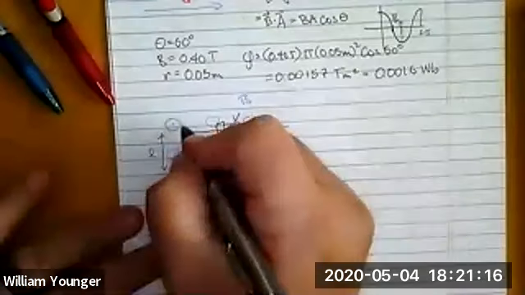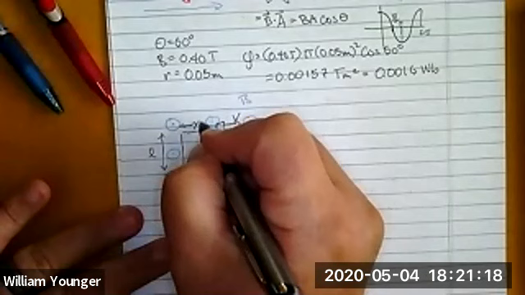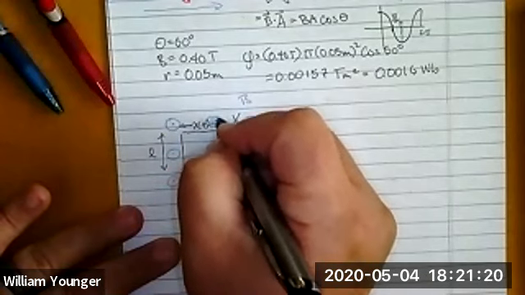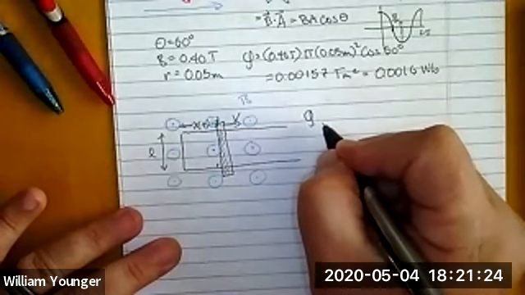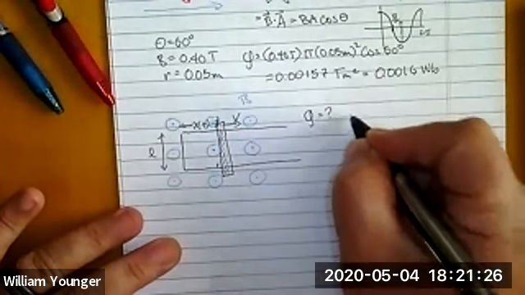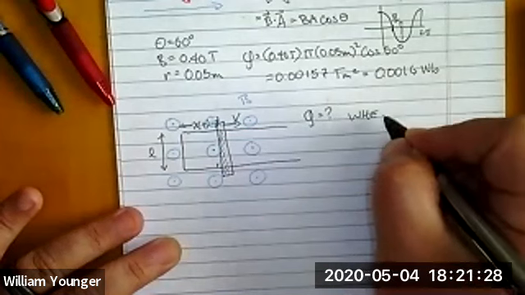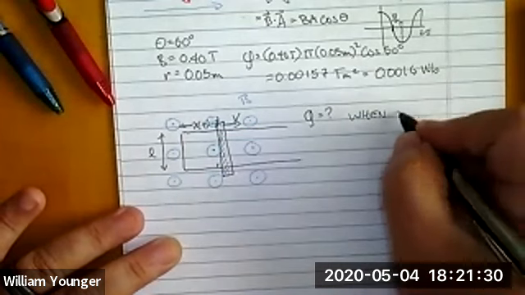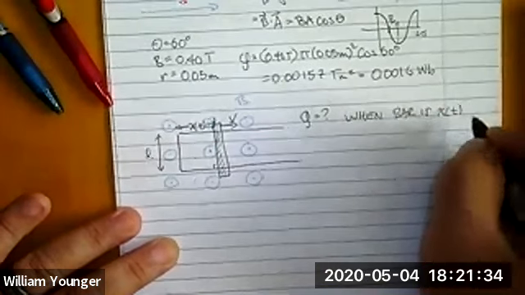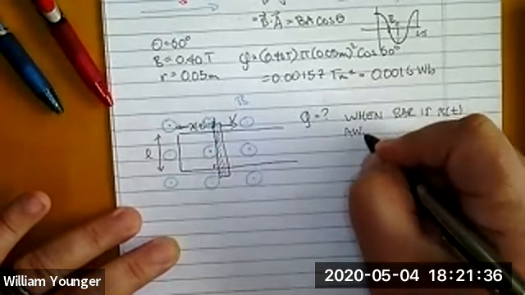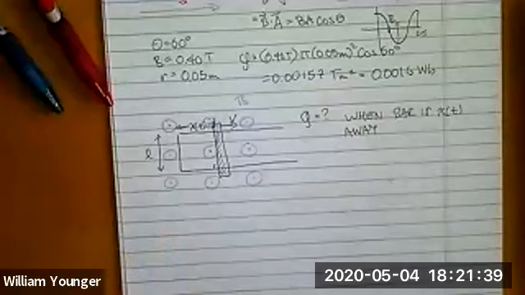So at a time when this distance is x of t, first thing I'd want to do is calculate what is the flux when the bar is x of t away. Okay?